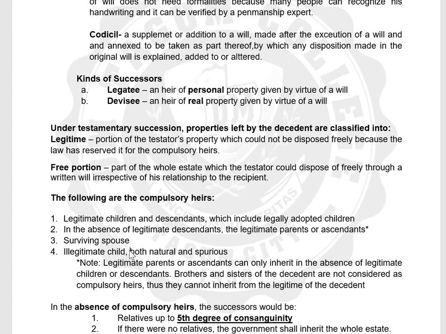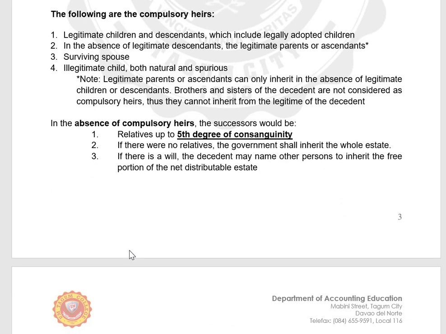Okay? Yan. So, in the absence of compulsory heirs, the successors would be, yan, kung walang compulsory heirs, meaning walang legitimate children, walang parents, walang surviving spouse. So, the successors would be relatives up to the 5th degree of consanguinity. Yan.